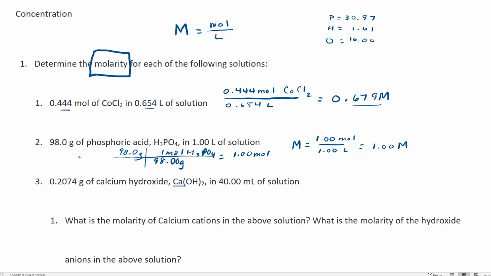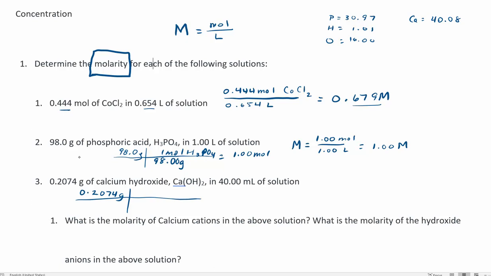Number 3, 0.2074 grams of calcium hydroxide in 40 milliliters of solution. Again, 99% of the time you see grams, you need to convert that into moles. So we need to find the molar mass of calcium hydroxide. For calcium, I'm going to use 40.08.